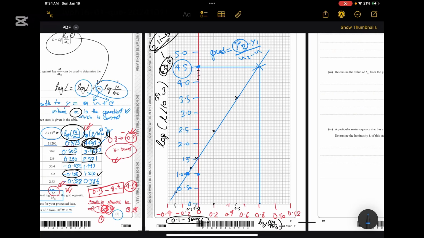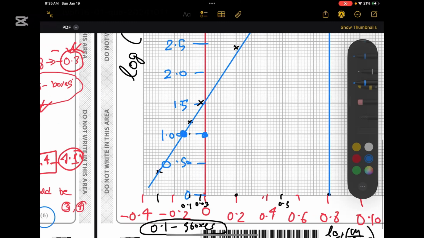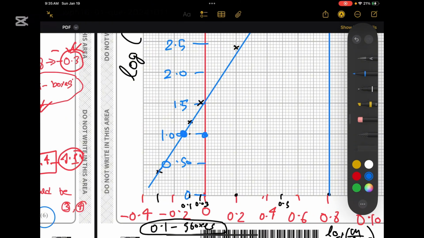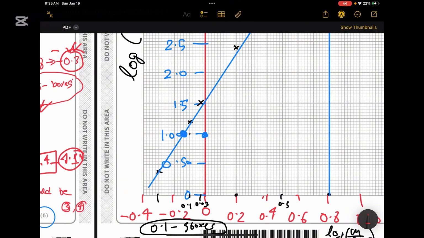For y2 it's 4.5, divided by, for x2 it's 0.8, minus, we have to figure out the y1 value right now. Let's take the y1 value as 1, and we have to figure out the corresponding x1 value. So for that y1, what was our x1? When y was 1, the graph was right here, right?